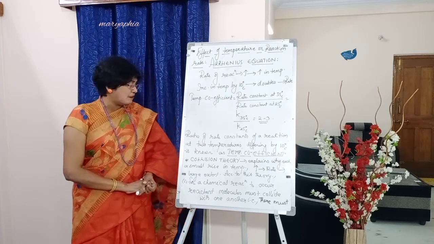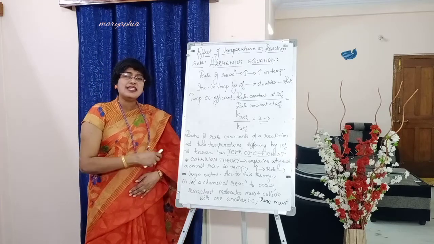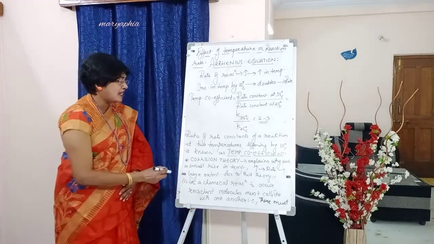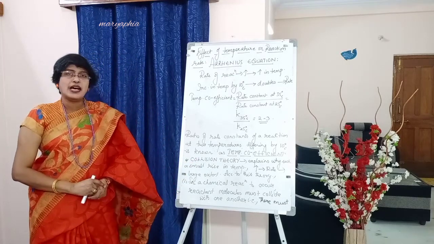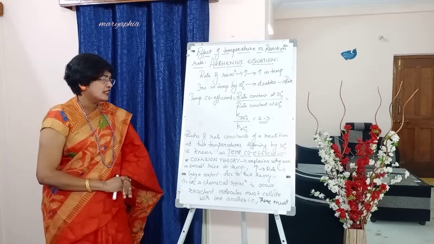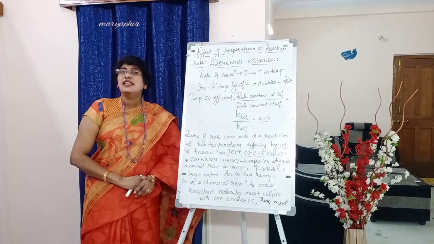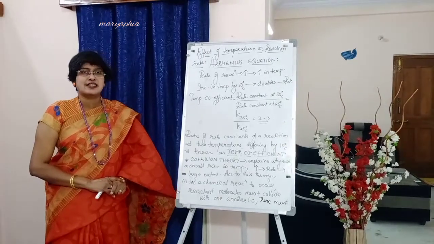Okay students, so first, what is this collision theory explaining? Collision theory is explained; first write down, students: collision theory explains why such a small rise in temperature increases the rate of reaction to a large extent.